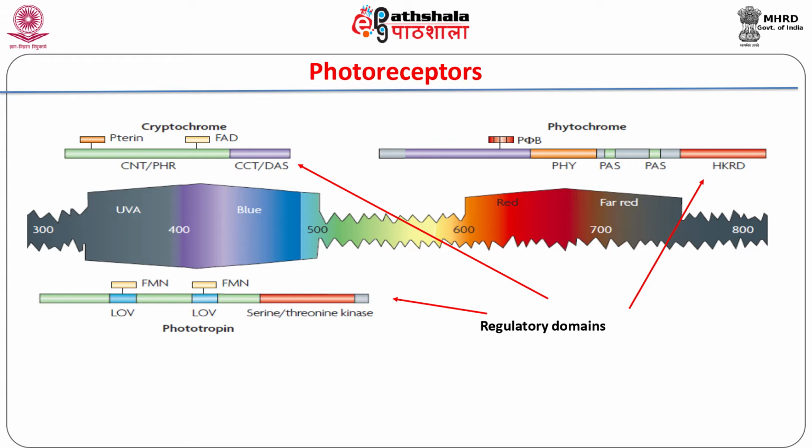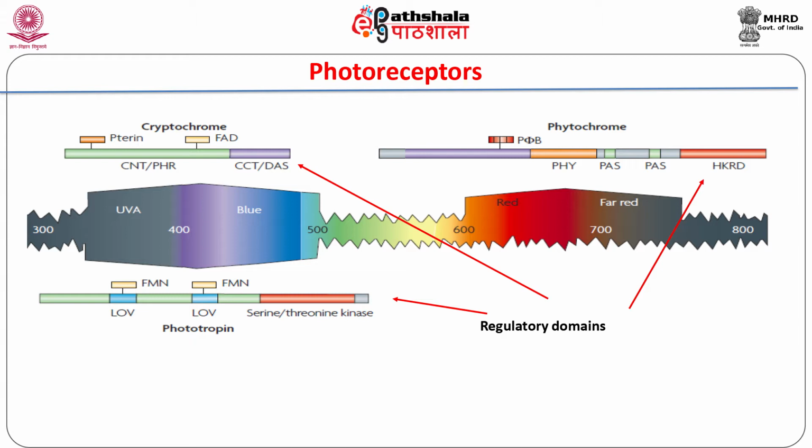The photoreceptors exist as pigment protein complexes and show the presence of photosensory domains which bind the chromophores. The chromophores are phytochromobilin (PΦB) in phytochromes and flavin adenine dinucleotide or FAD in cryptochromes.